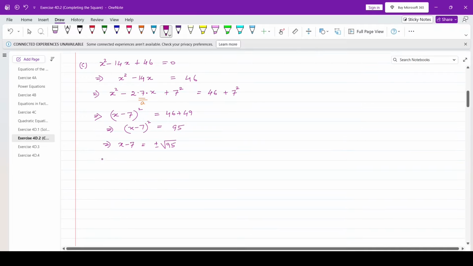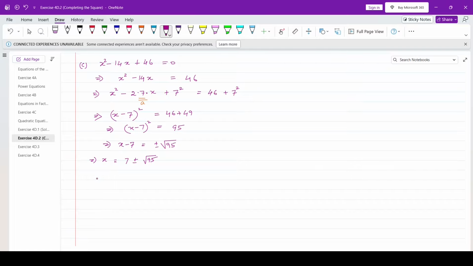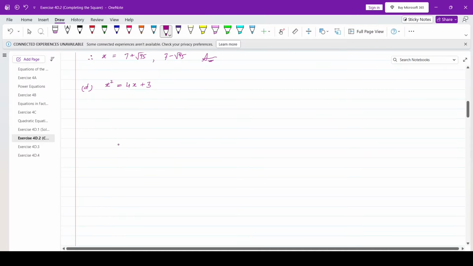So we can say x is equal to 7 plus or minus root 95. Therefore, the value of x is 7 plus root 95 or 7 minus root 95. That's the answer.